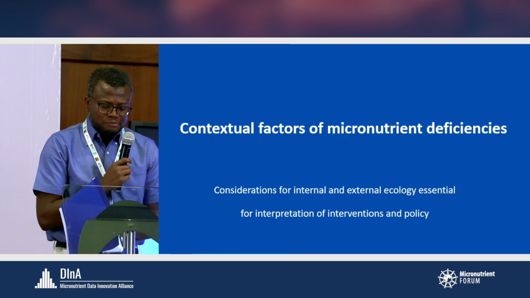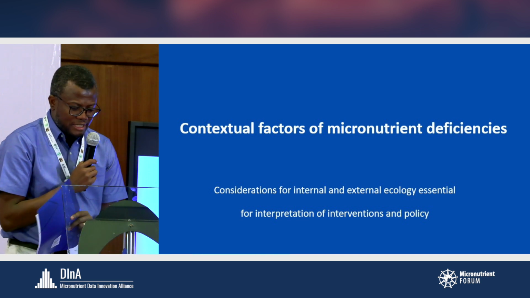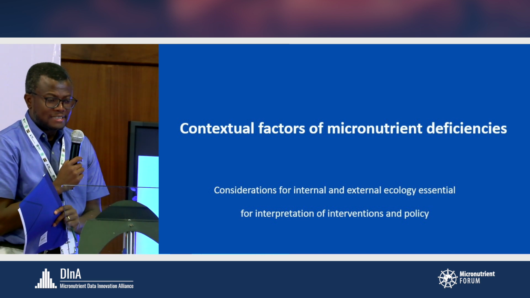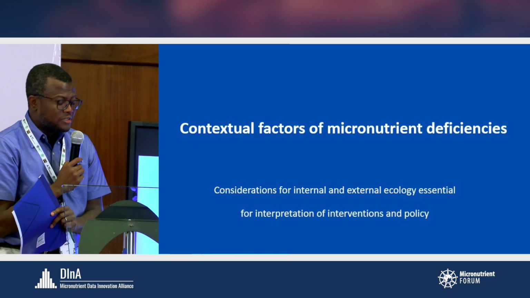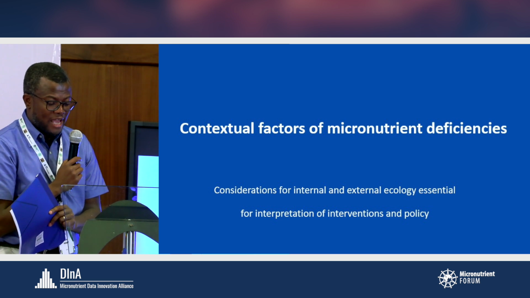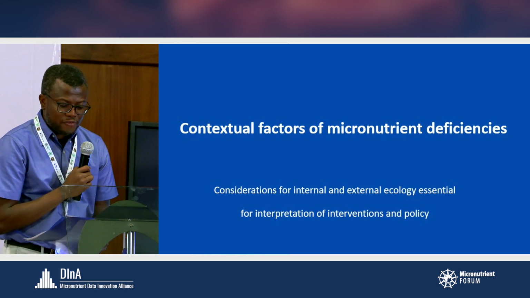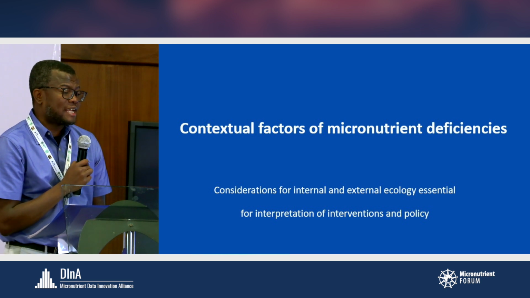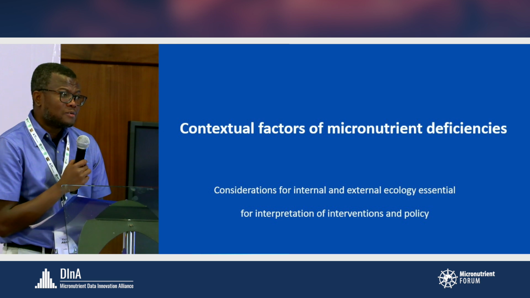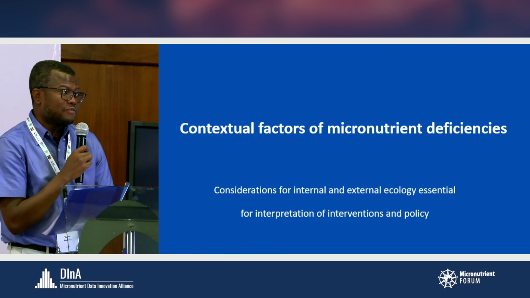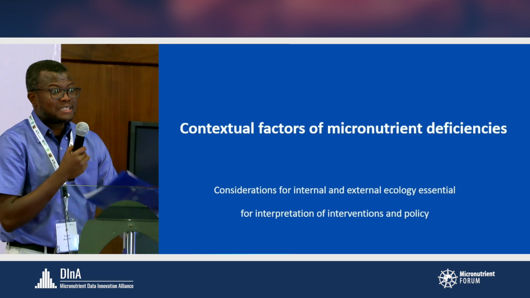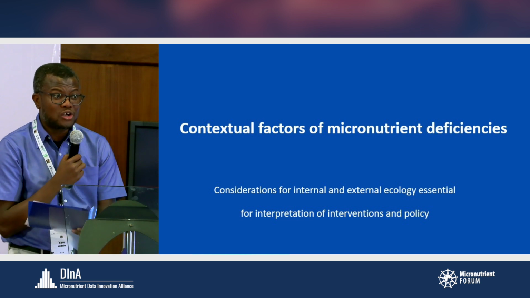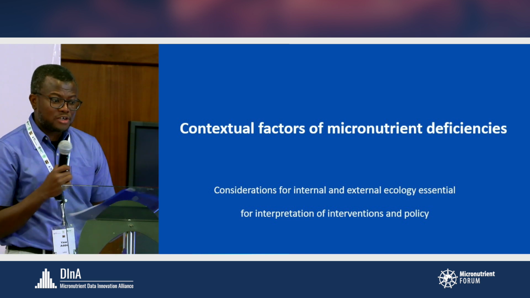The few slides I've mentioned embody how contextual factors matter. Contextual factors can come from two different dimensions, internal or external. We have the internal milieu, which is the health status of the individual, and the external environment.